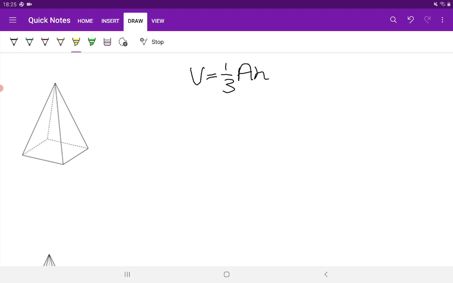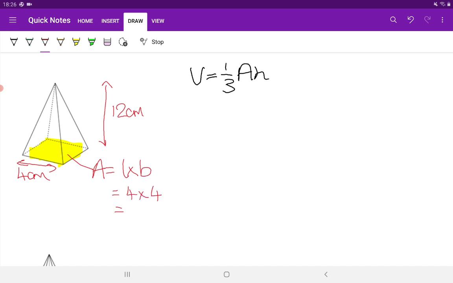Now again, the area is the area of the base, so here we've got a square. Okay, now this one's quite a good one, because we could work out the area of that square, couldn't we? So if I tell you that that length there is 4, and I tell you that the height is 12, okay, then the area of the square is just length times breadth, which is going to be 4 times 4, which is going to be 16.